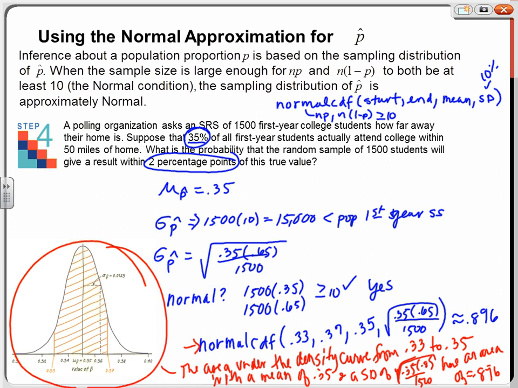Okay, so that's pretty good. That's almost like a 90% probability here that you're within 2 percentage points.